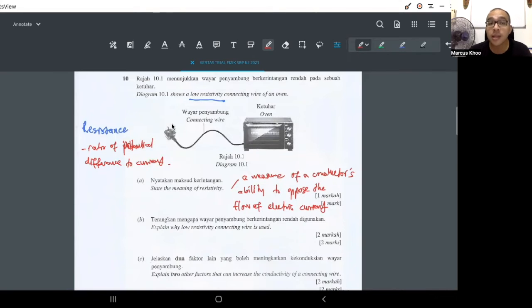That's why the name is resistivity. A measure of its ability to resist the flow of current. That is resistivity, kerintangan. But resistance itself is just a ratio of potential difference to current.